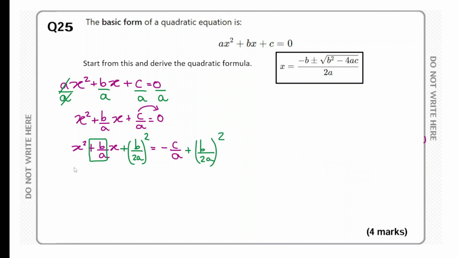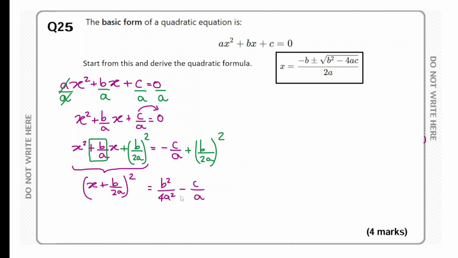Now I can see the left hand side is (x add b over 2a) squared. The right hand side is, I'm going to bring the positive one to the front, b squared over 4a squared. So b times b, 2a times 2a. Take away c over a.